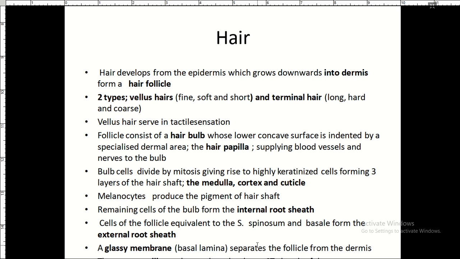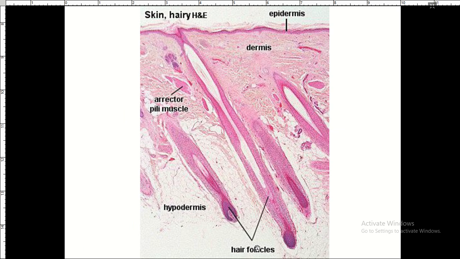Right. So the remaining cells that will form the bulb will become your internal root sheath, right? And then the cells which are equivalent to the stratum basalis and stratum spinosum will form the external root sheath, right? So this is your dermal papilla, which is going to have an abundance of capillaries and nerves.